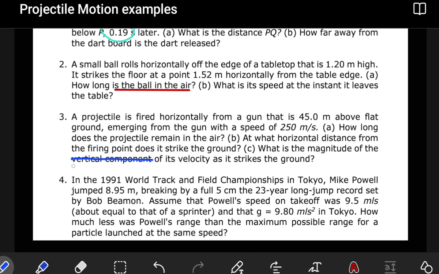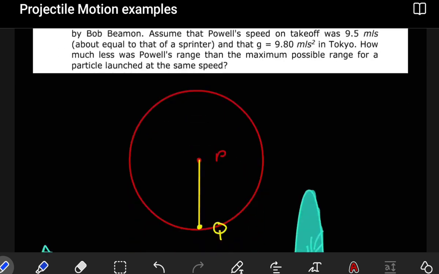If it was phrased like this, without the vertical component part included, the question would have been very different to how we're going to approach it. We'd still do the same thing, but we'd have to do another extra step. But the inclusion of vertical component just means that we're looking for the final velocity in the y-axis.